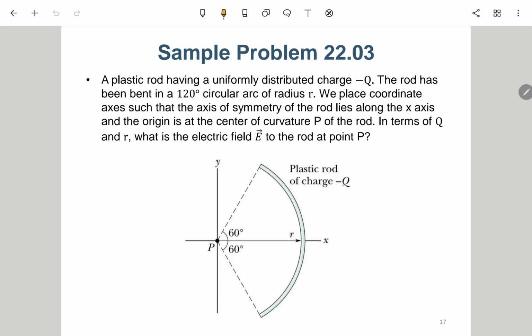So this is the x-axis, and then here we have 60 degrees. This is a circular arc. And the origin is at the center of curvature P of the rod. In terms of Q and small r, where small r is the radius of this arc, what is the electric field E due to the rod at point P?